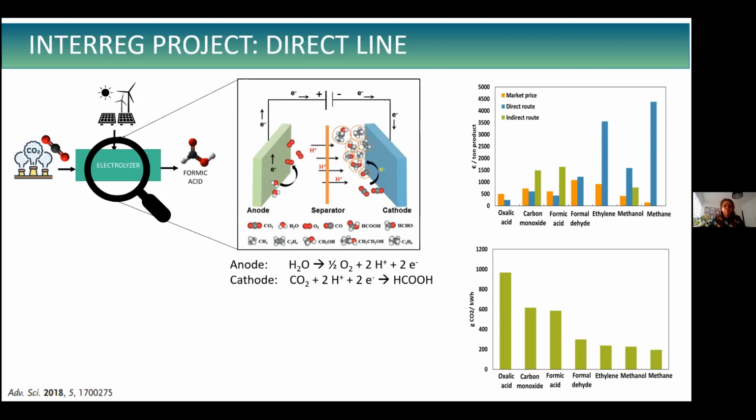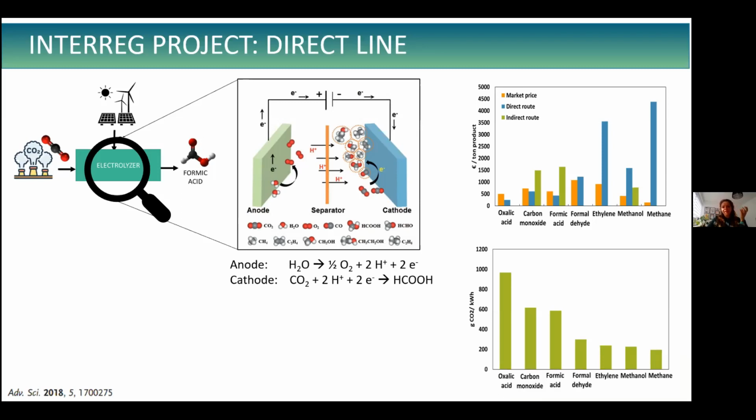From all the products that can be formed electrochemically in an efficient manner, formic acid is the most viable target molecule from the direct formation from CO2. This is from an economic perspective, so the production cost per ton of product compared to the market price, but it's also one of the most impactful molecules from a CO2 mitigation perspective, namely the amount of CO2 that is converted per kilowatt hour.